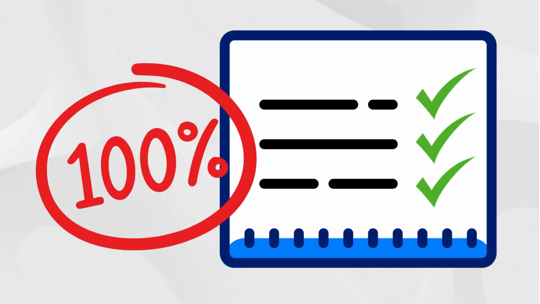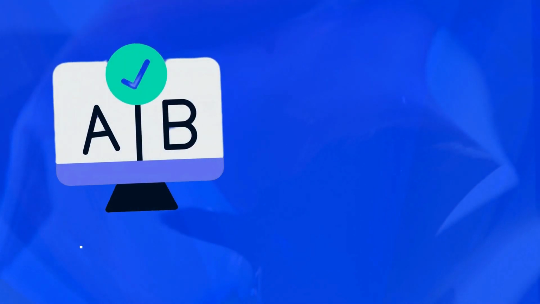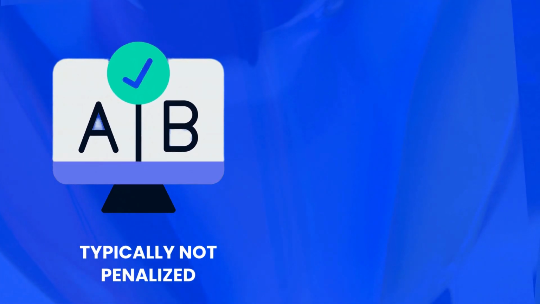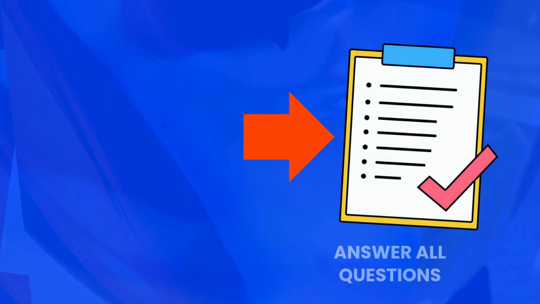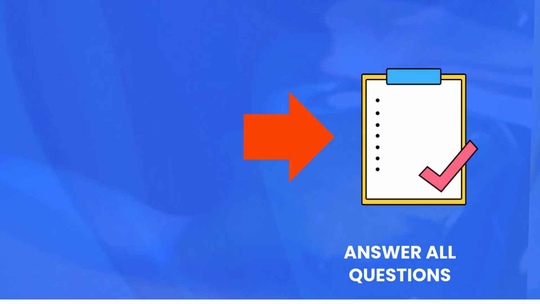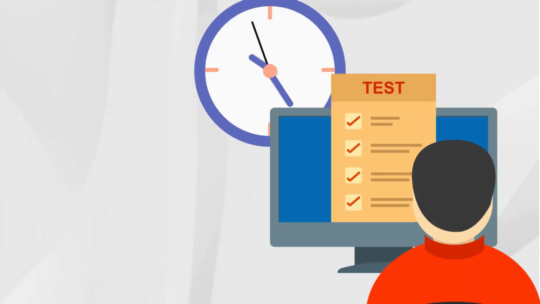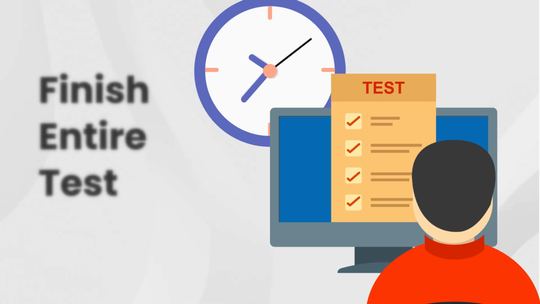The final score on a knowledge or skills test is based on the number of correct responses a candidate obtains. Test takers are usually not penalized for incorrect responses, so it is recommended that candidates respond to all questions on the test. Additionally, the time limit set for the test should allow the test taker to finish the entire test.